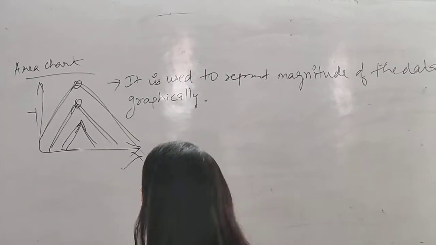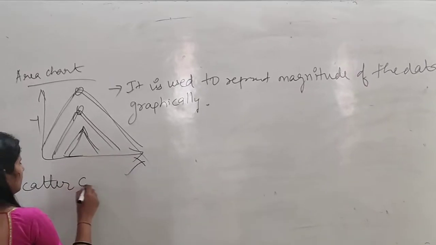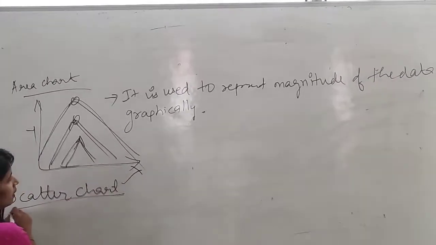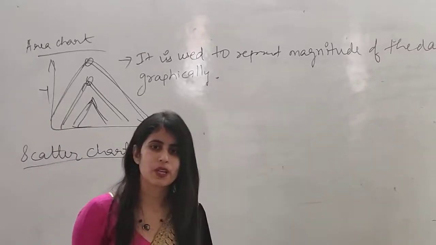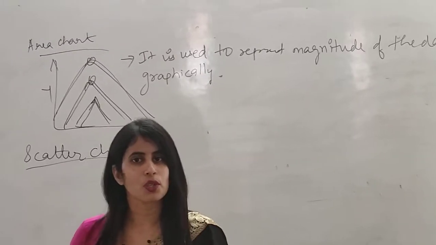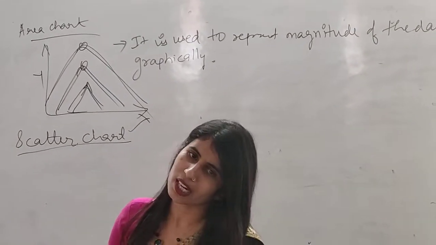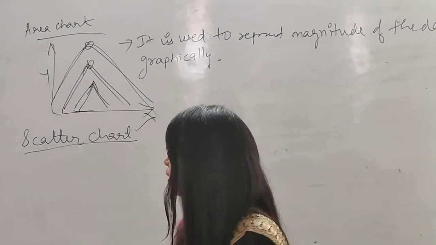Next one is the scatter chart. A scatter chart is also known as an XY scatter chart. Why? Because it also uses the x-axis and y-axis, and it shows the correlation between two sets of values.